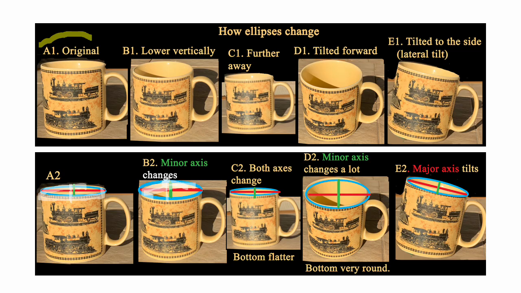When the cup is further away, both axes change, and I'll go into how they change in the next slide. If you tilt the cup toward us, this minor axis changes a lot, and if you tilt it enough, this coffee cup will look like a circle. And then lastly, you can tilt the major axis, and that tilts the ellipse.